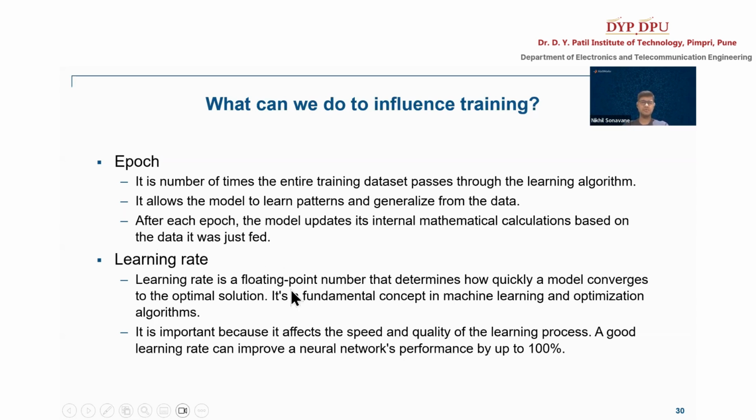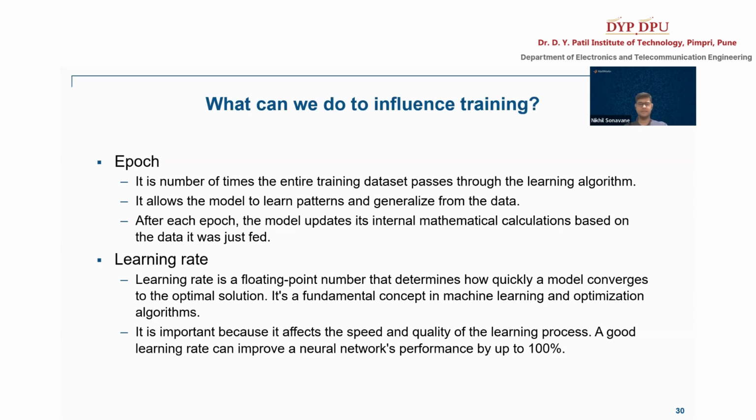Again, learning rate is a floating point number, a decimal kind of number, that determines how quickly a model converges to an optimal solution. I'm not getting into the very much details of what exactly it is, but on a very high level, it is how quickly the model will converge.